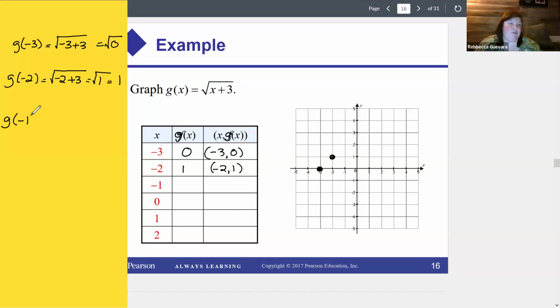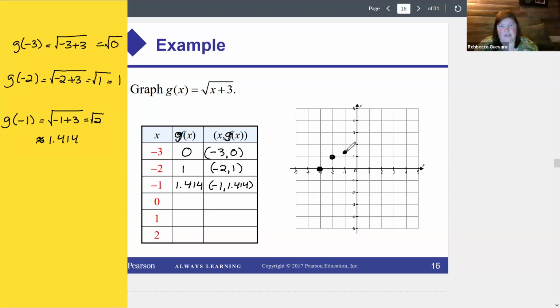If we do g of negative 1, that is the square root of negative 1 plus 3, which is the square root of 2. And the square root of 2 is approximately 1.414. We're not going to be able to put it in exactly, but we can give an approximation of where that point should be. So at negative 1, we're at roughly here.